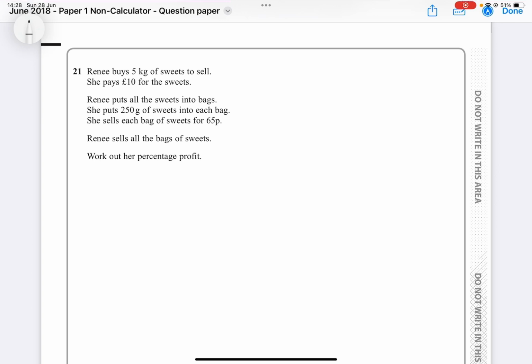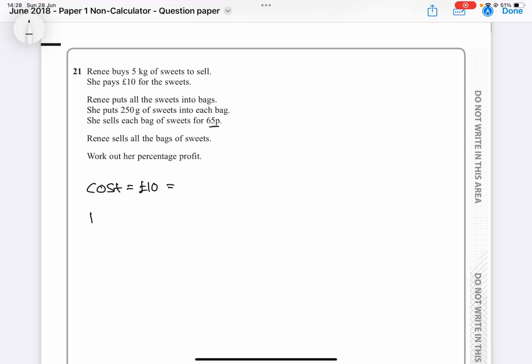Rennie buys 5 kg of sweets to sell. She pays £10 for the sweets. I'll write that down. Costs is £10. I can see that they're using pence over here, so maybe I'll just convert it to pence. Maybe I might need it later on in the question.